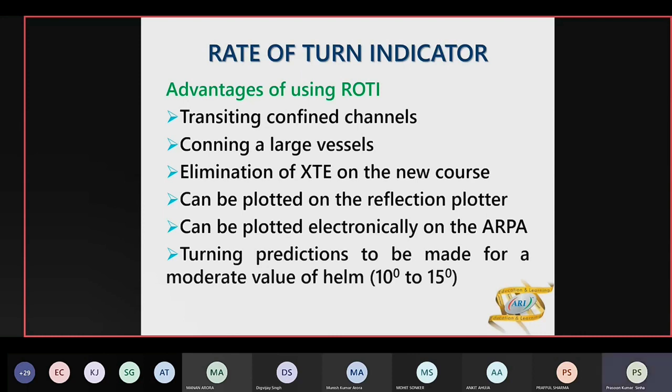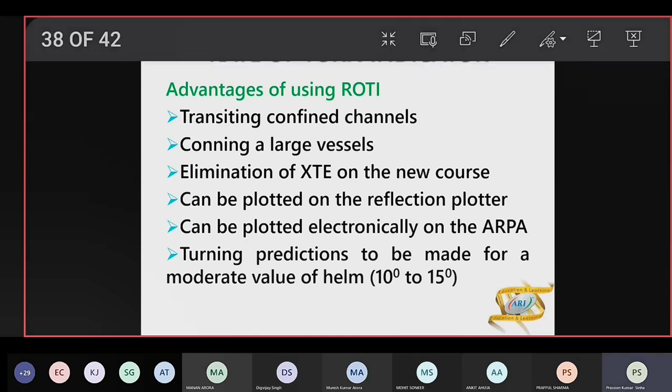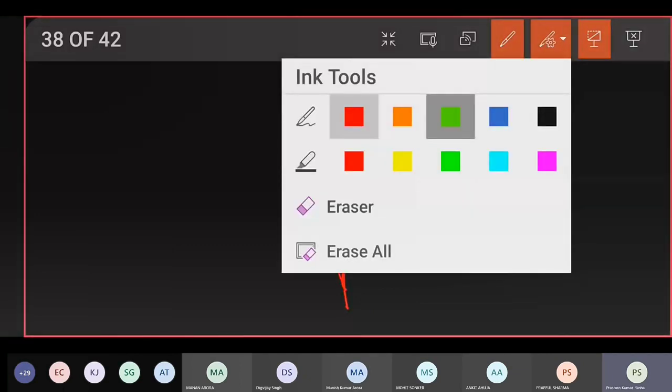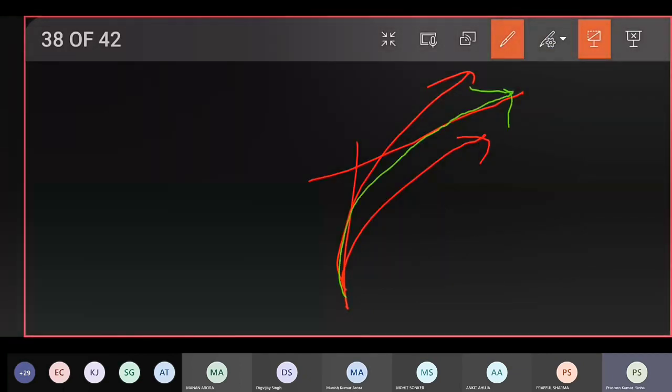This control is more required in confined waters, and helps in controlling a large vessel. We have fewer chances of cross-track error when we are coming out on the final course. That means if we did not have this ROT, after the initial course when we go to the final course, we might drift to one side and there will be cross-track error. So if we have this ROT, mostly we are able to turn on the required path.